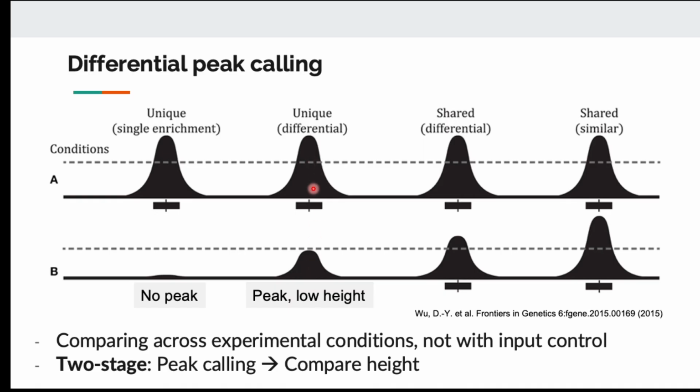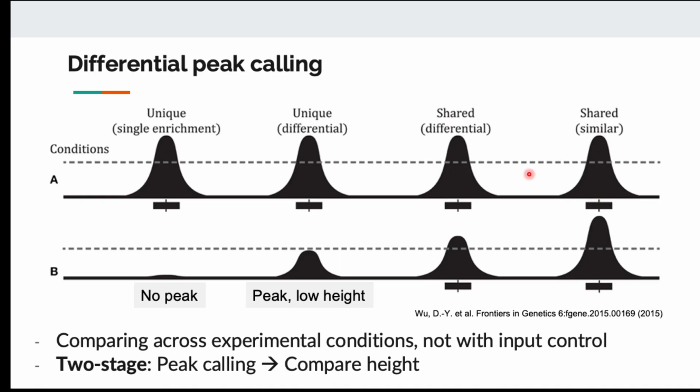This can suggest that you have a differential expression of the transcription factor, for example. Or it might be the same. You might see the same peak at the same location with similar height. So this tells you that the binding at this location is probably not related to your disease because it's the same regardless of the state.